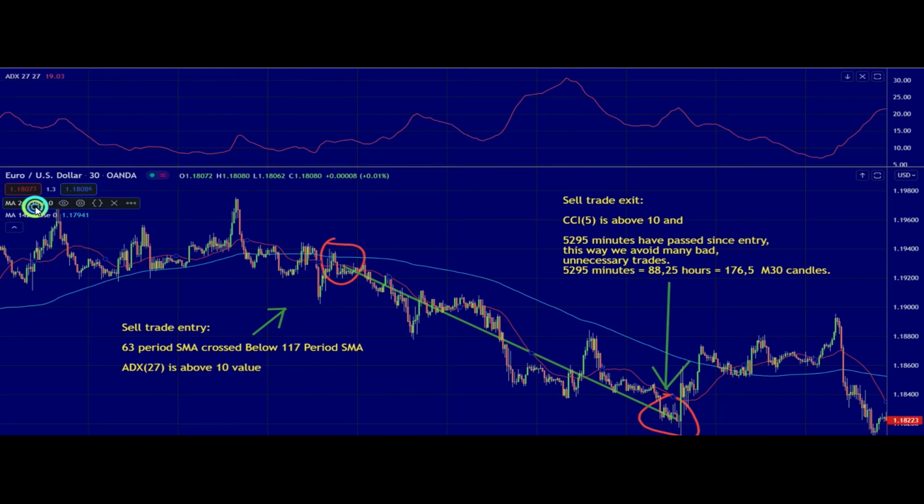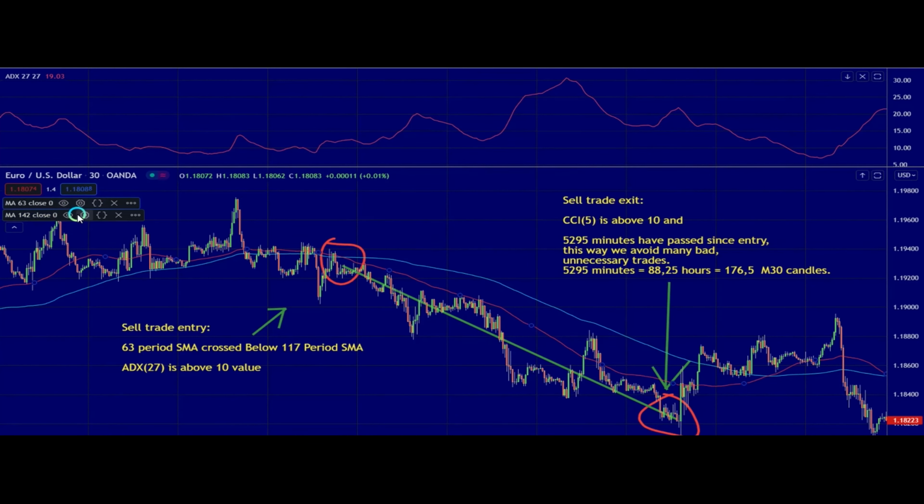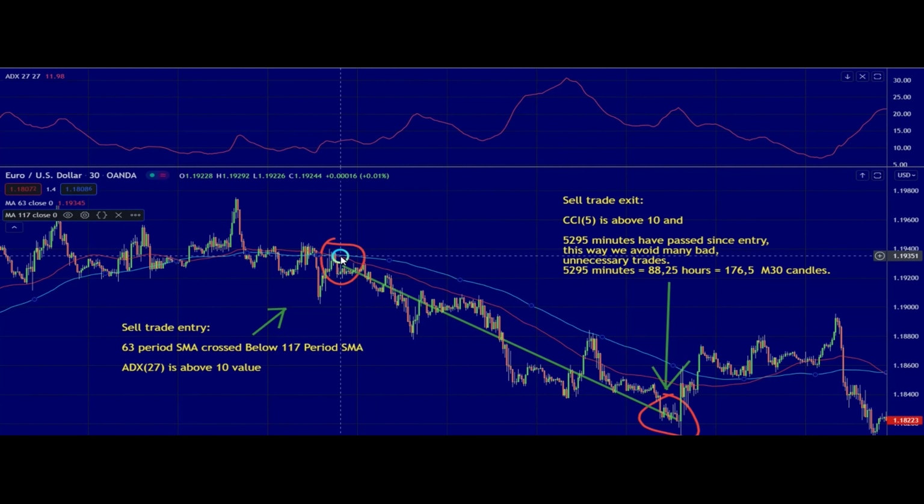And of course we need a cross as well, so we'll need a simple moving average with a source close. And let's see, so as you see here, both parameters are met, and we have a really nice clean entry.